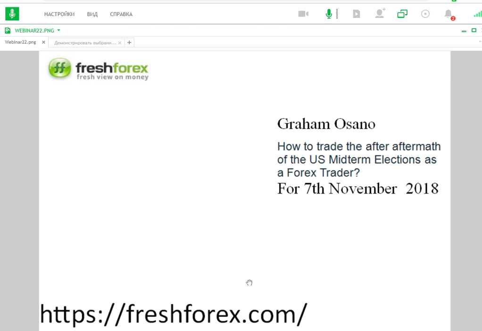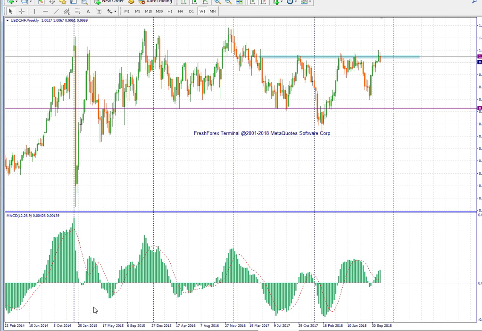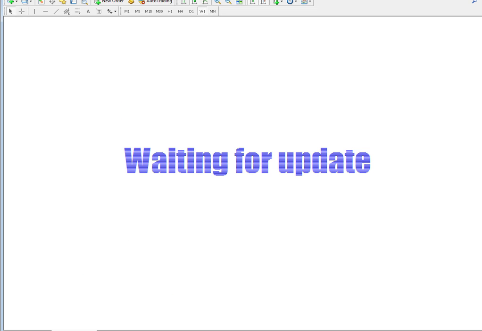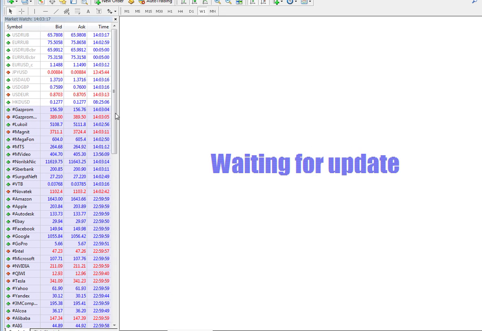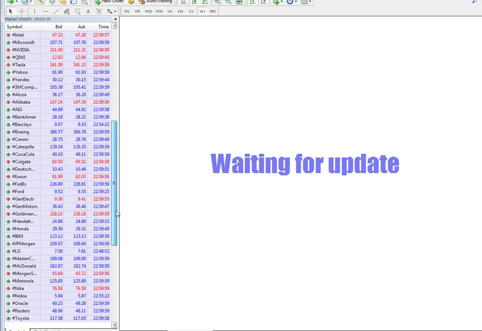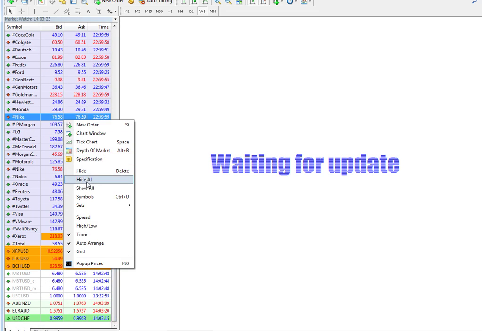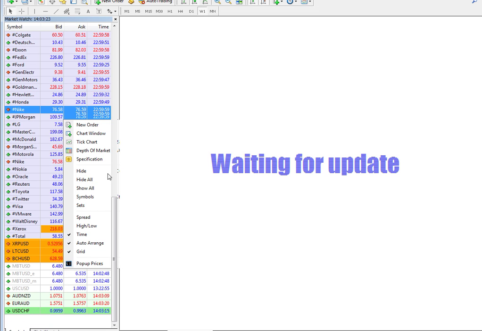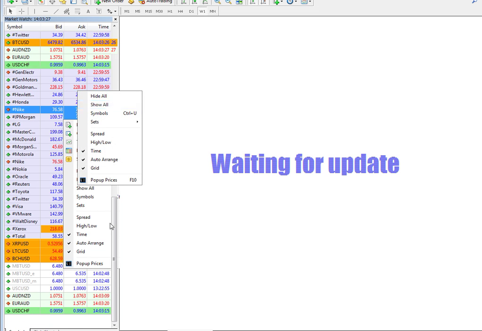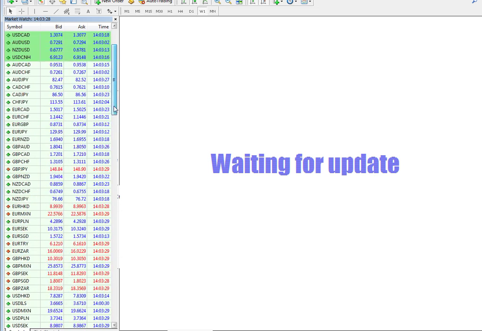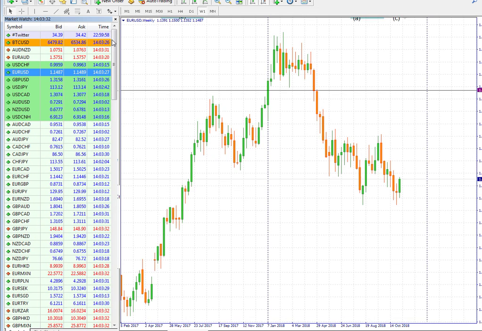As you can see, you look at the chart now, there's not much happening other than the crash which you saw earlier today on the US dollar index. There is not much happening on this one. Just a second here, we load these charts. Show all. We drag that there.